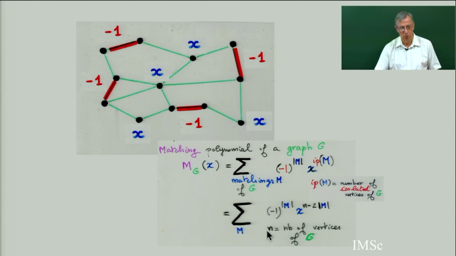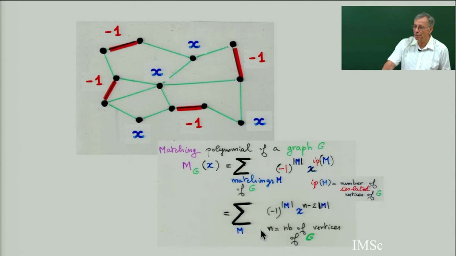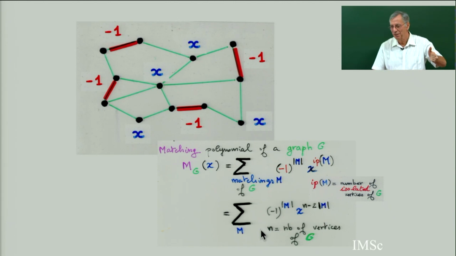So you get a polynomial of degree n, if n is the number of vertices of the graph. The coefficient of x^n is 1, so it's a monic polynomial. And let's think about some infinite family of graphs defined for every n and see what happens to the matching polynomial.